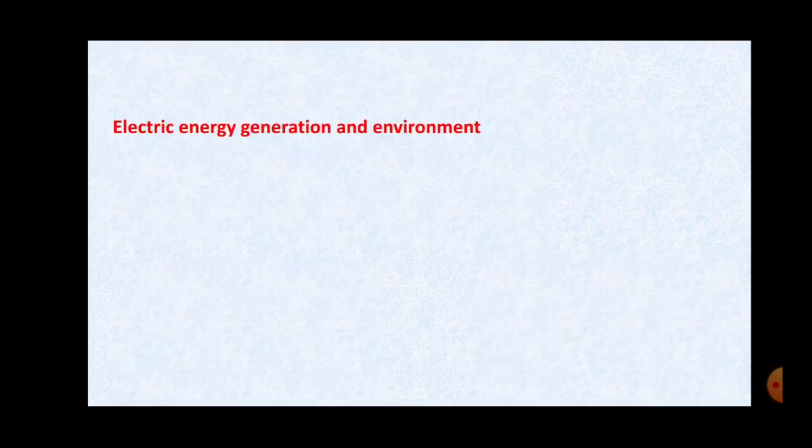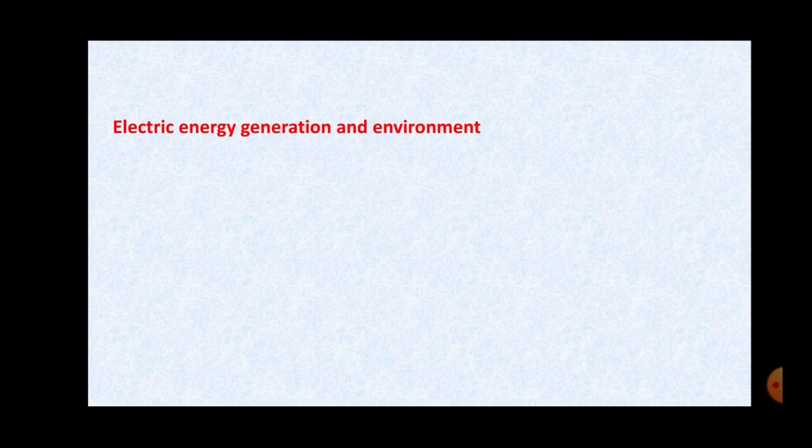Then, is there any relation between the electrical energy generation and environment? Do you think? Yes, of course. Because in the first power plant we had seen that the fossil fuels like coal are used, right? Then natural gas is used. Nuclear fuels are used like uranium and plutonium.